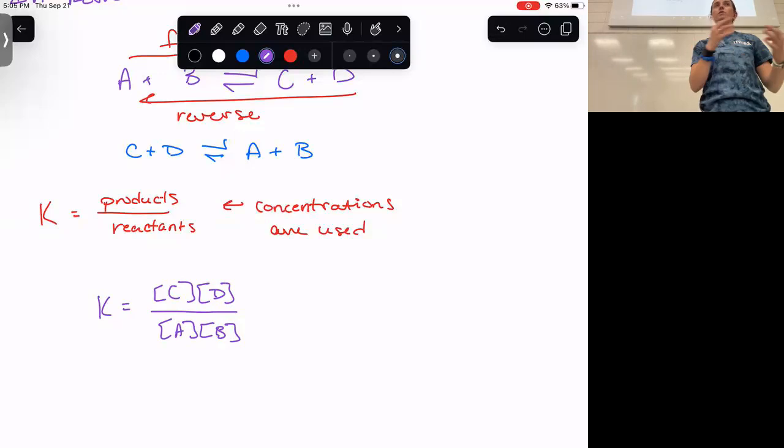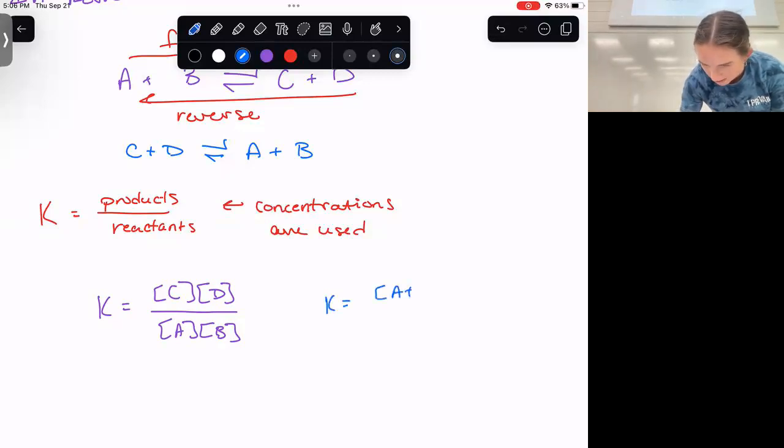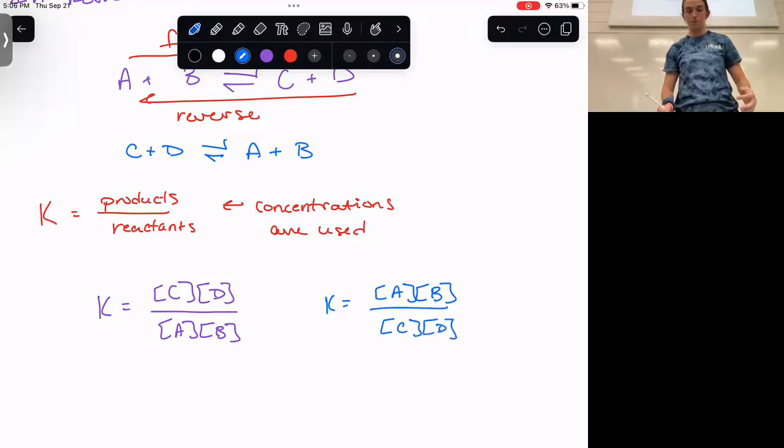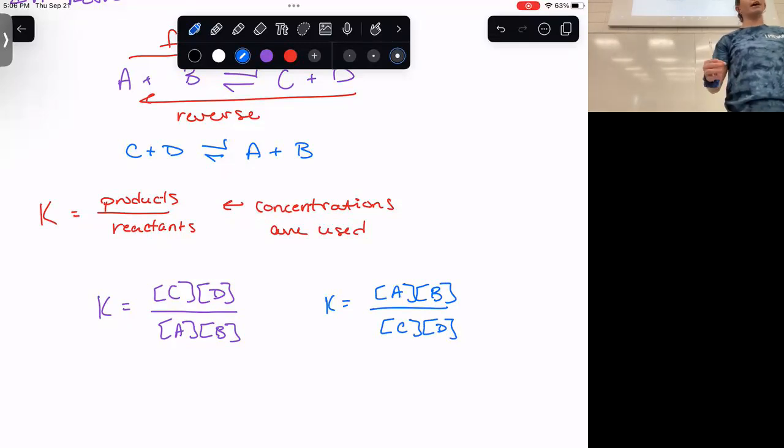If we were talking about C plus D goes to A plus B, we can write that as K is equal to the concentration of A times the concentration of B over the concentration of C times the concentration of D. You can write it for the forward and reverse reaction. We can tell that purple K and blue K are inverses of each other.